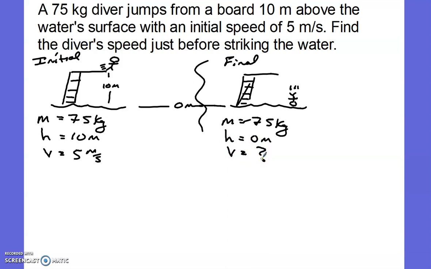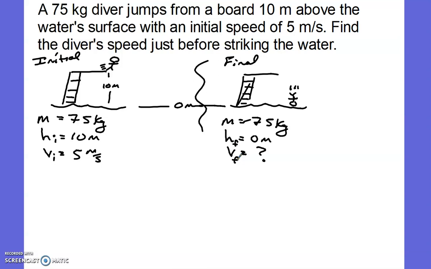Now, the mass doesn't change, so I don't have to put any extra label on there. But since the height changes, I will label that as I for initial and F for final. And I'll label the speeds as I for initial and F for final as well. Now we're dealing with the conservation of energy.